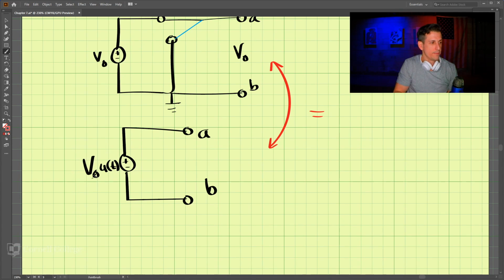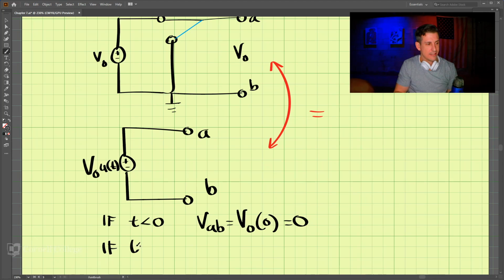Because for this one, if t is less than 0, then the voltage AB is equal to V naught times 0, which is 0.